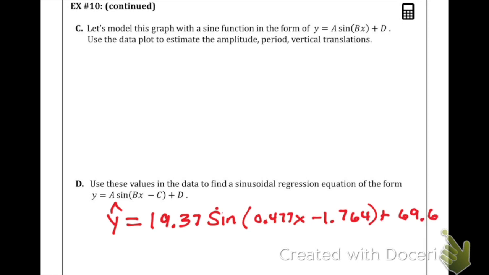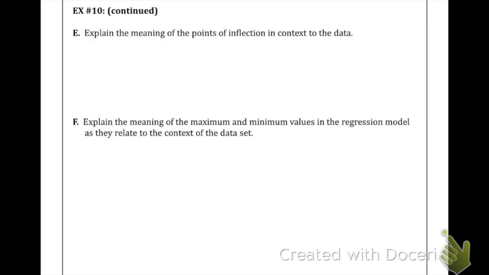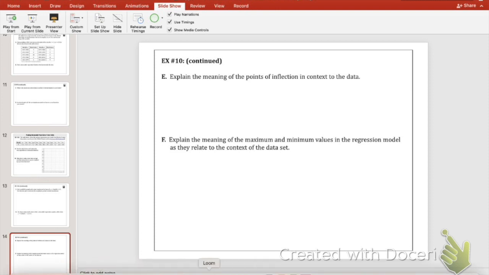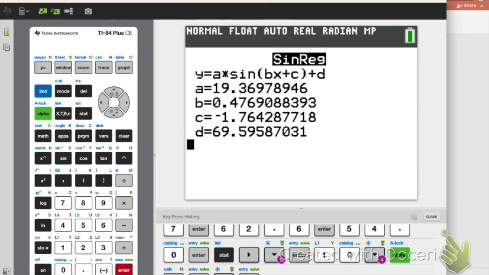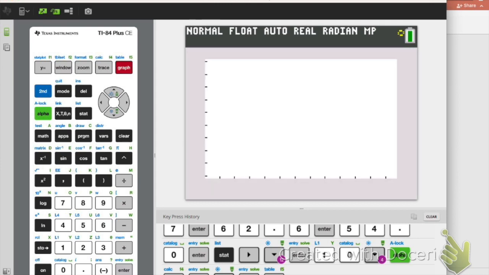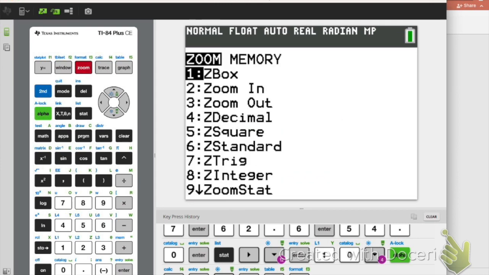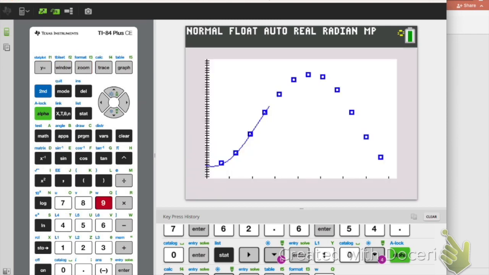All right, so part E, explain the meaning of the points of inflection in context to the data. So for our first point of inflection, we can go back to our graphing calculator. If we graph it, let's do a ZoomStat 9 so I can see the scatter plot.